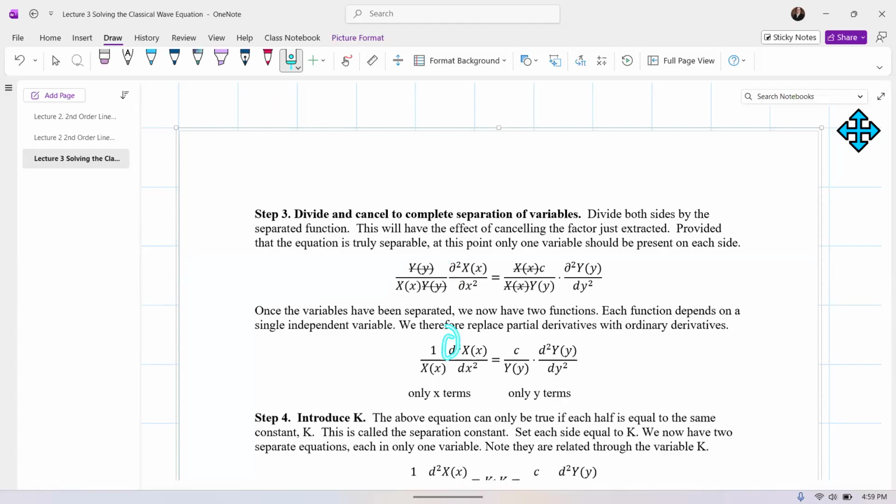And that's because I have switched from being a partial differential equation to being an ordinary derivative. It really is truly only an x.